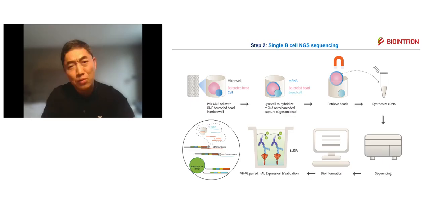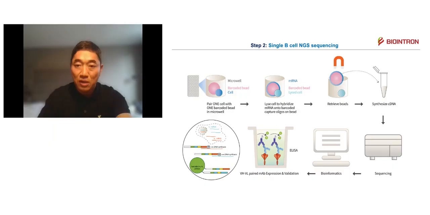In step 2, after we get all of those target B cells, which may possibly be producing the antibody that we want, we will pair each single B cell with one single barcoded bead. This bead is unique because each bead carries a pair of so-called barcodes. These are just DNA sequences fused to poly A. This barcode works as a pair of primers to be used in the following steps.